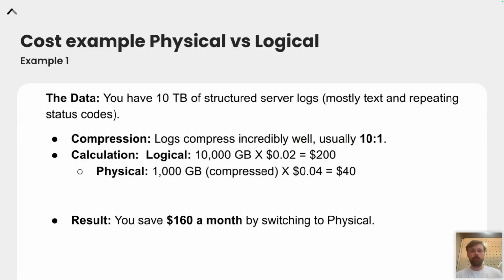If you had logical storage on this table, that would be 10,000 gigabytes times 0.02, which is $200 a month. Physical storage costs more per byte, but this can compress. Physical storage compresses the table down to 1,000 gigabytes times 0.04, which is $40. So by switching to physical storage instead of logical, we would save $160 a month.